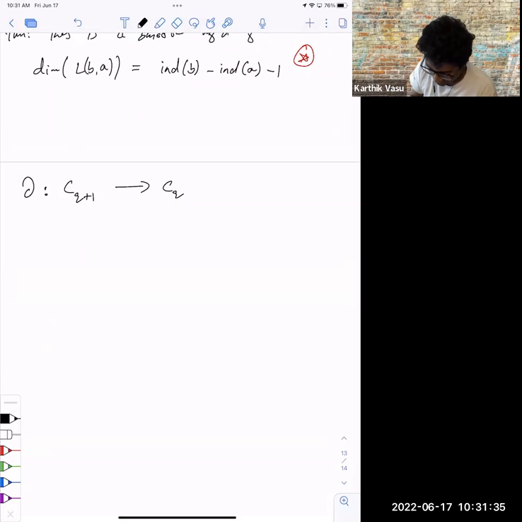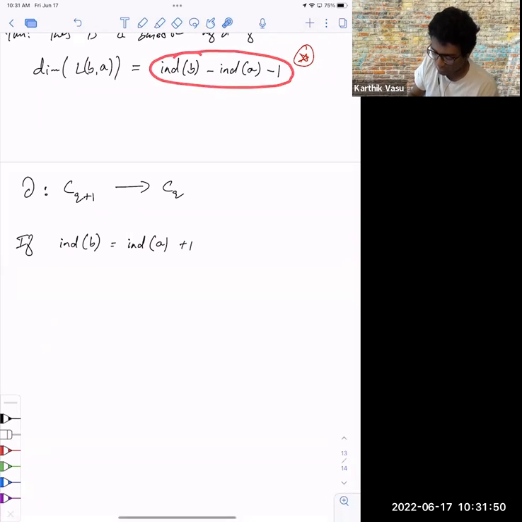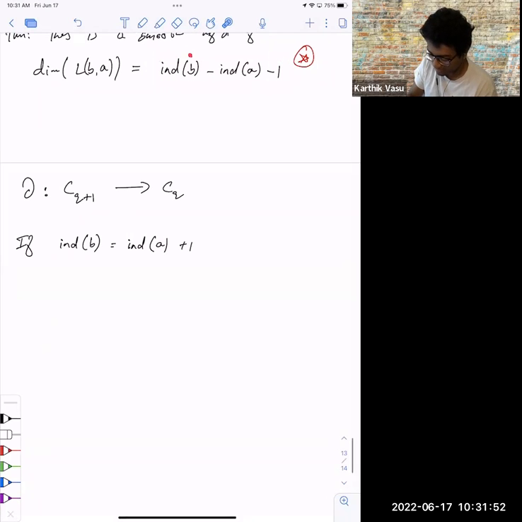Okay, so if index of B was index of A plus 1, so they just differ by index 1, what happens to this formula is it will become 0.